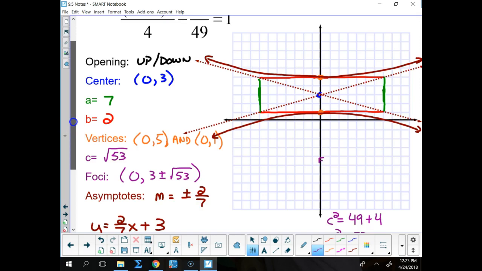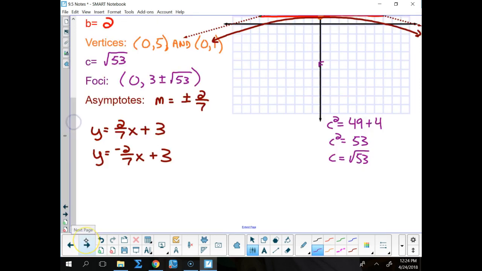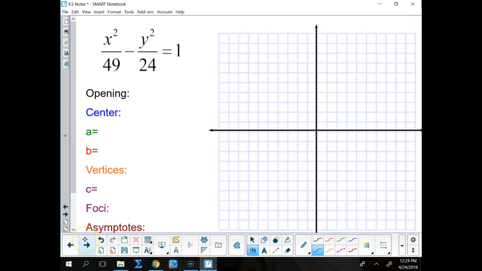So right there would be the upper one. Oops. I want to go here. There we go. That's where I want to go.